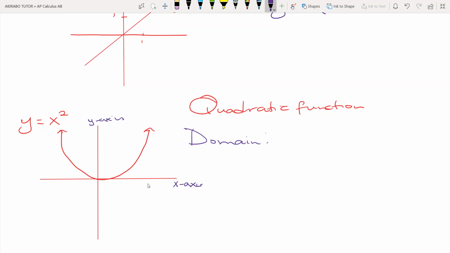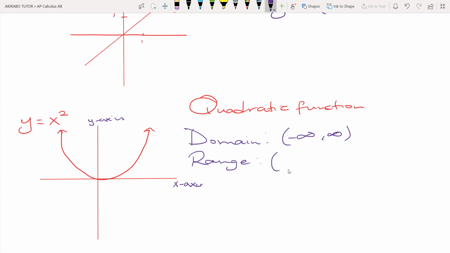Domain is all possible values of x. It looks like there is literally no x that can't go into this function. So I'm going to say that this domain is from negative infinity to infinity. But now when we come to the range, I want you to notice that this graph doesn't have anything in the negative y. Because if you think about x squared, if you put in negative 1, it's going to square it, so it becomes 1. If you put in negative 2, it becomes 4.